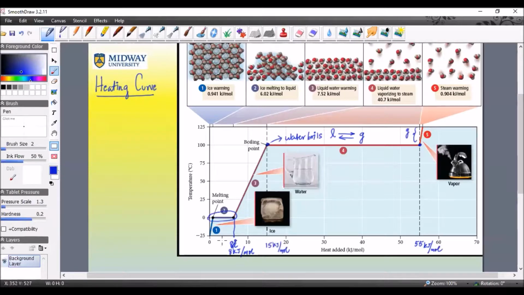So we have continued to add heat. When you add heat, it's positive. When you give out heat, it's negative. But in this case, you have to go from water that's at minus 25 degrees all the way to, say, 125 degrees, which is where this graph ends.